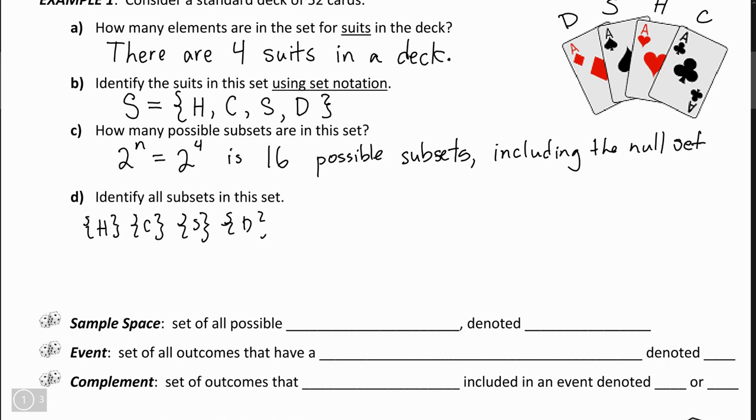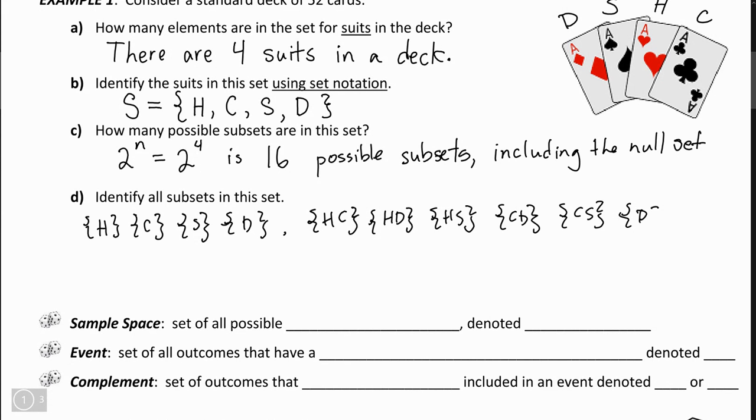And this is going to be good practice to draw curly brace brackets if this is the first time in your life that you're doing them. Then you can have subsets where you have 2 of them: HC, HD, HS, CD, CS, and DS.